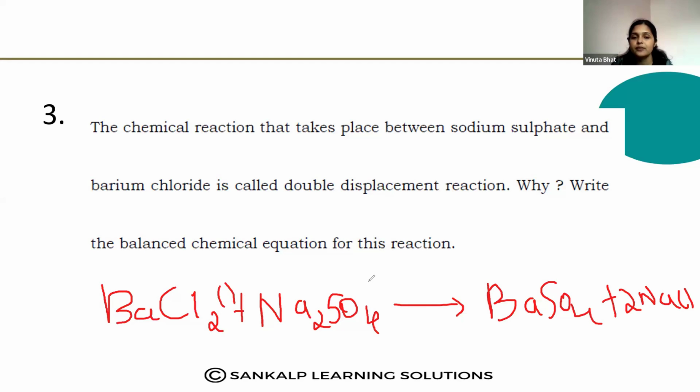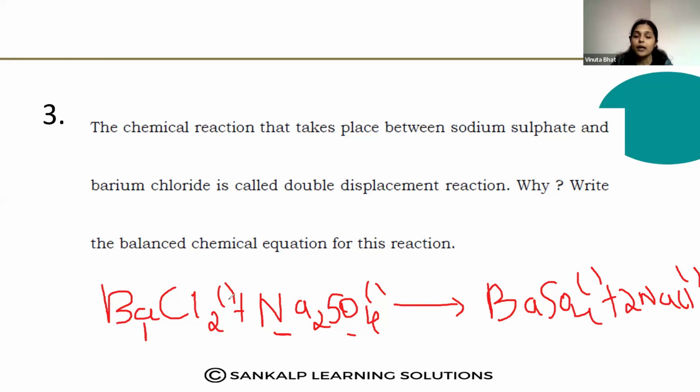You have to write the physical state of these reactants and products. Here, why is it called a double displacement reaction? Because there is an exchange of ions between the reactants. The barium ion fuses with the sulfate and forms barium sulfate, and chlorine fuses with the sodium and forms sodium chloride.